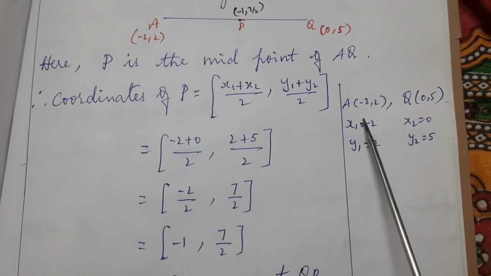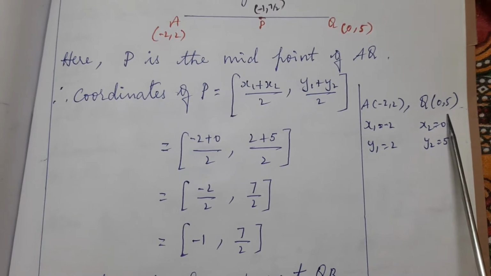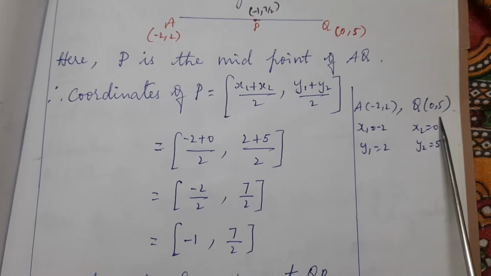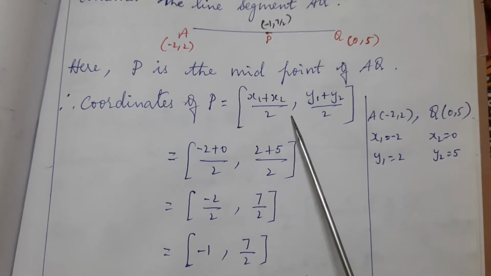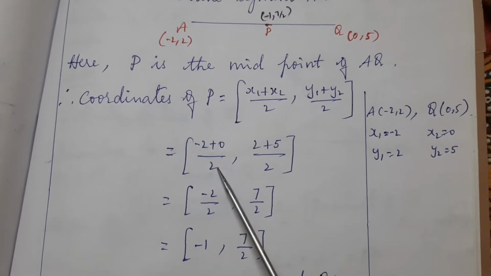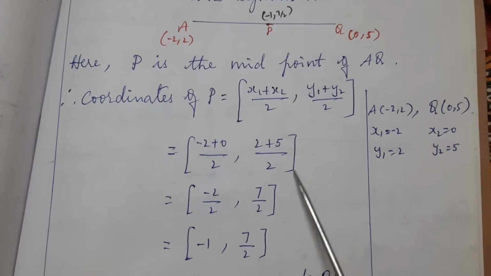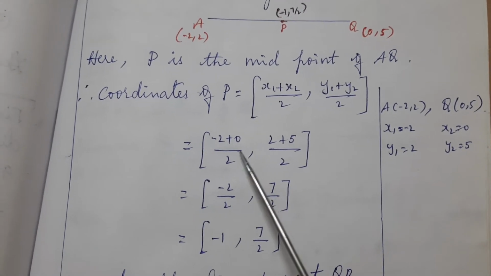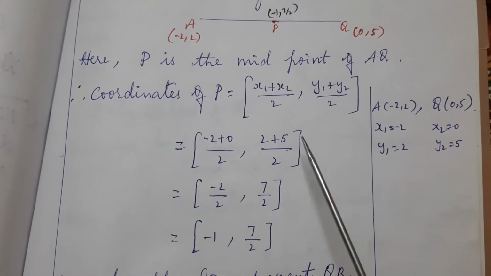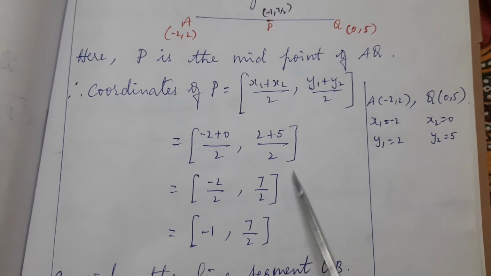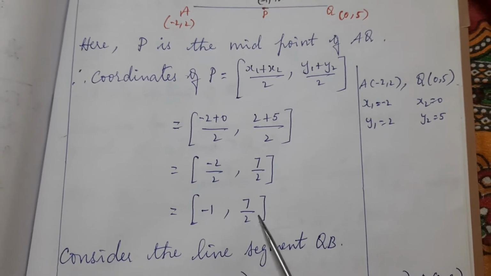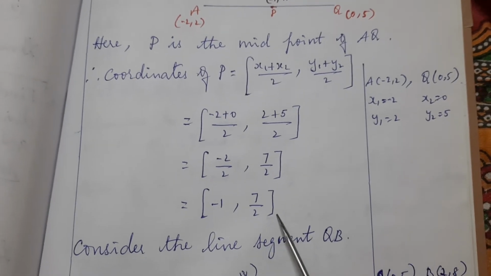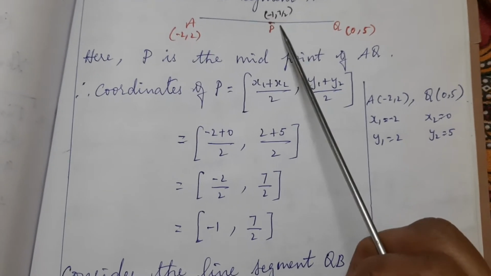A of (-2, 2) is x1, y1, Q of (0, 5) is x2, y2. Substituting these values, we get (-2 plus 0) by 2, (2 plus 5) by 2. So minus 2 plus 0 is minus 2, by 2; 2 plus 5 is 7, by 2. Minus 2 by 2 is minus 1, and 7 by 2. So (-1, 7/2) is the coordinates of P.